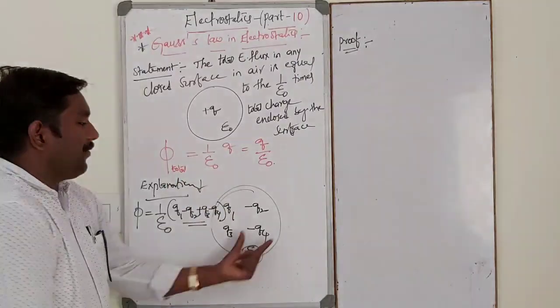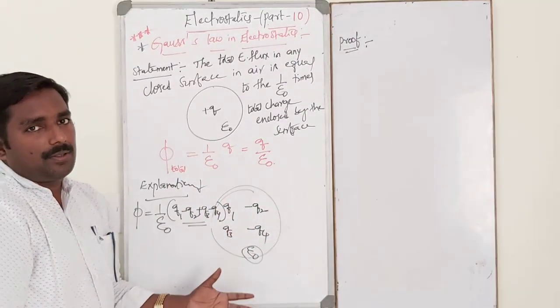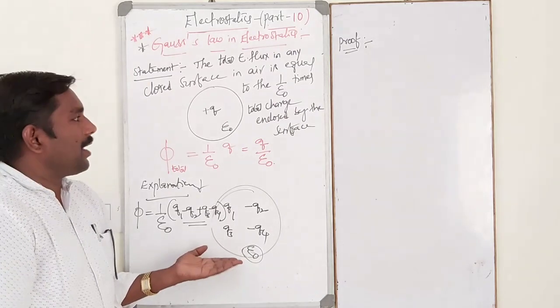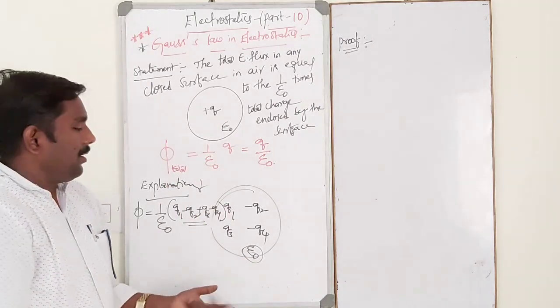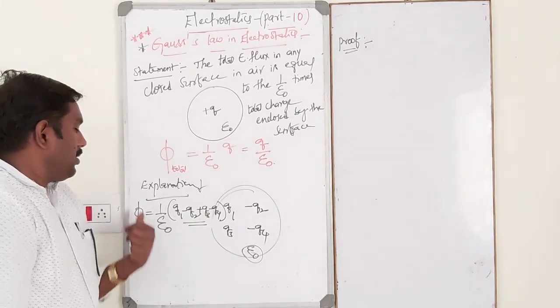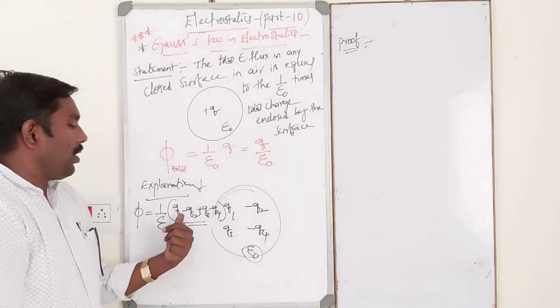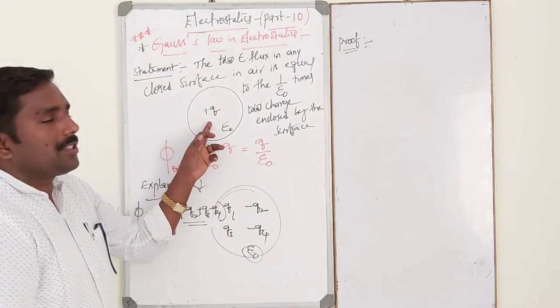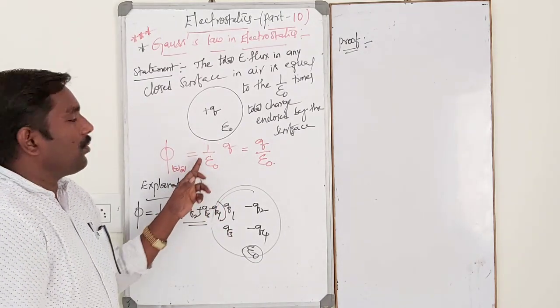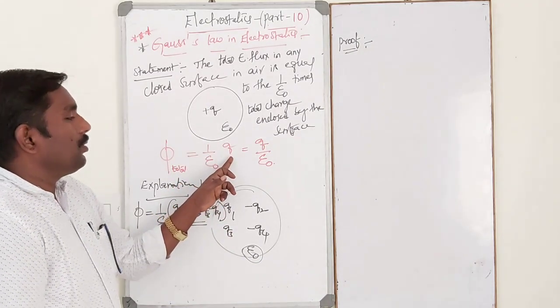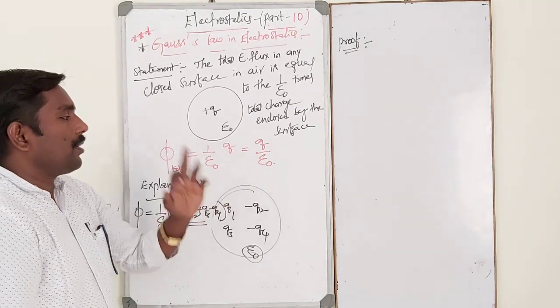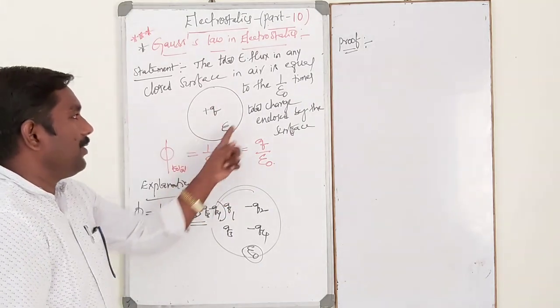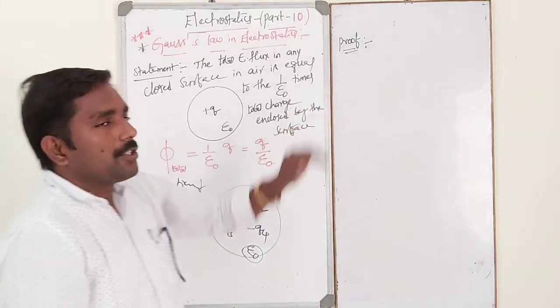In one case, 4 charges are there. In the other case, a single charge is there. For 4 charges, phi is equal to 1 by epsilon naught times Q1 minus Q2 plus Q3 minus Q4. For a single charge, the total electric flux is equal to 1 by epsilon naught times Q, that is Q by epsilon naught. This is the total flux of this surface. Okay, small proof.